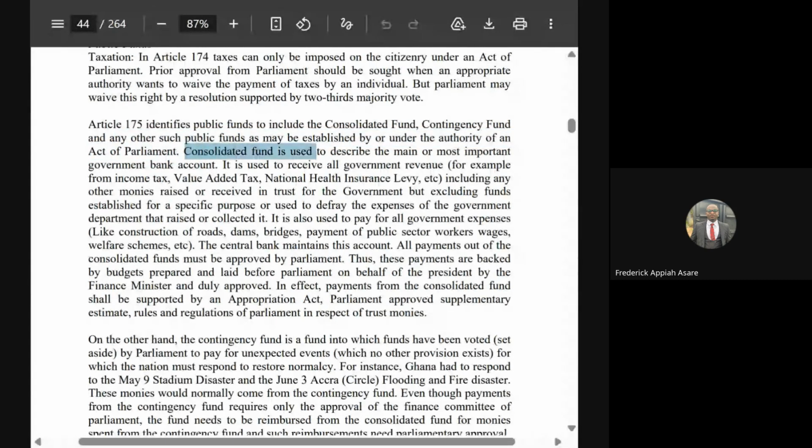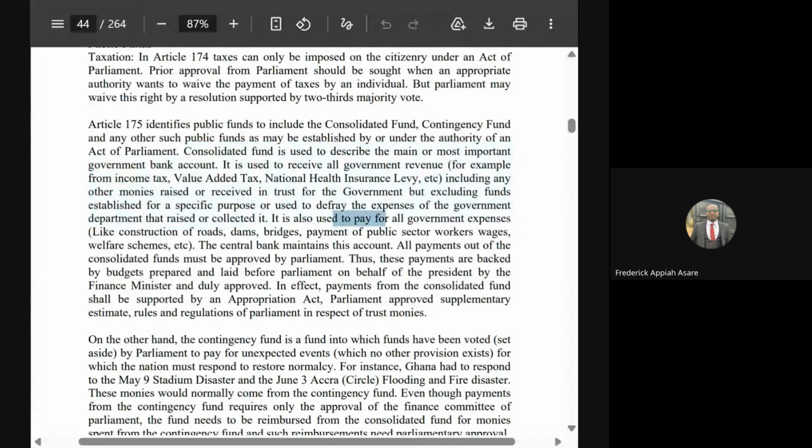So the Consolidated Fund, as I explained, is used to describe the main and most important government bank account. It is used to receive all government revenues, for example, from income tax, value-added tax, National Health Insurance levy, etc., including any other monies raised or received in trust for the government, but excluding funds established for a specific purpose or used to defray the expenses of the government department raised or collected.